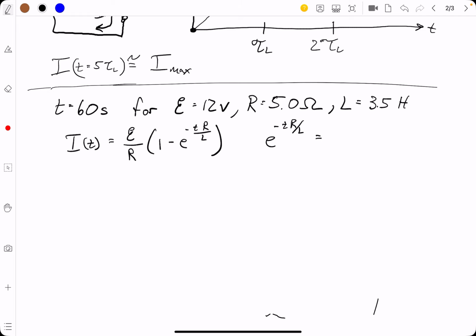So what is that? That is 5.95 times 10 to the minus 38.